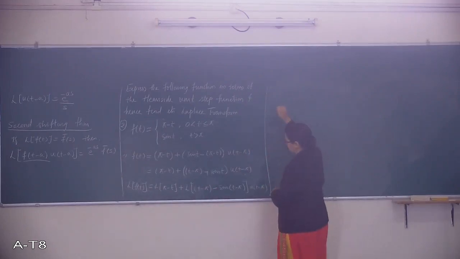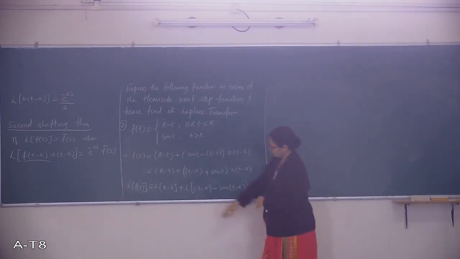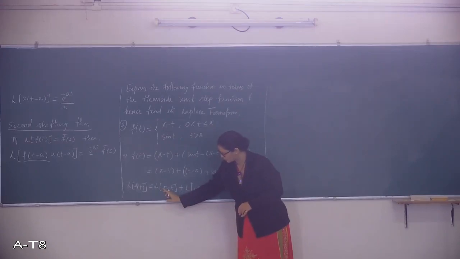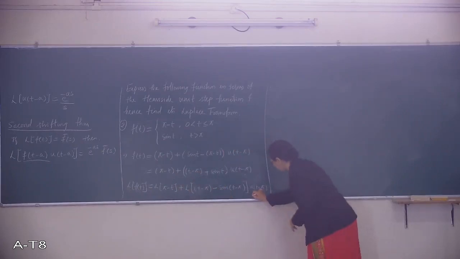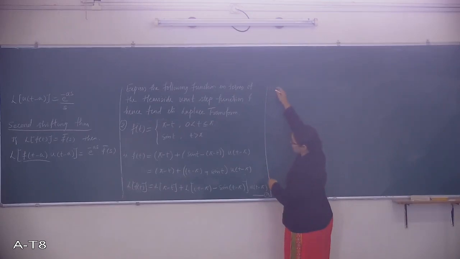Now take the Laplace transform. Here pi is a constant, so the Laplace transform of pi will be pi by s, minus the Laplace transform of t, which is 1 upon s. So I call this 1, and separately I find the Laplace transform of pi minus t.